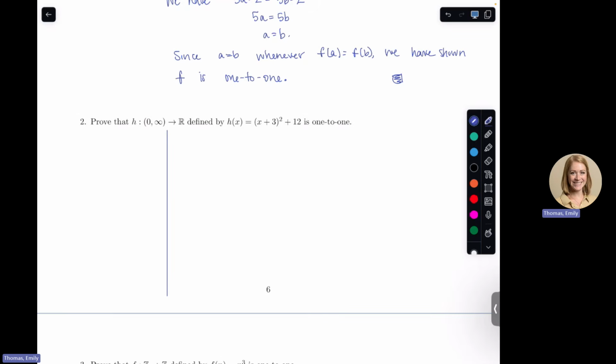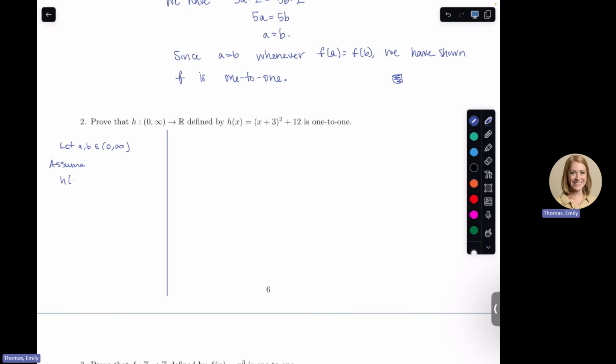So, did you say you don't need scratch work for this one? Well, I mean, we can do it anyway. So if we let, do you want to call them A and B or X1, X2? Okay. So we're going to let A and B be in our domain. So A and B are in 0 to infinity. And we want to assume that they landed in the same spot.